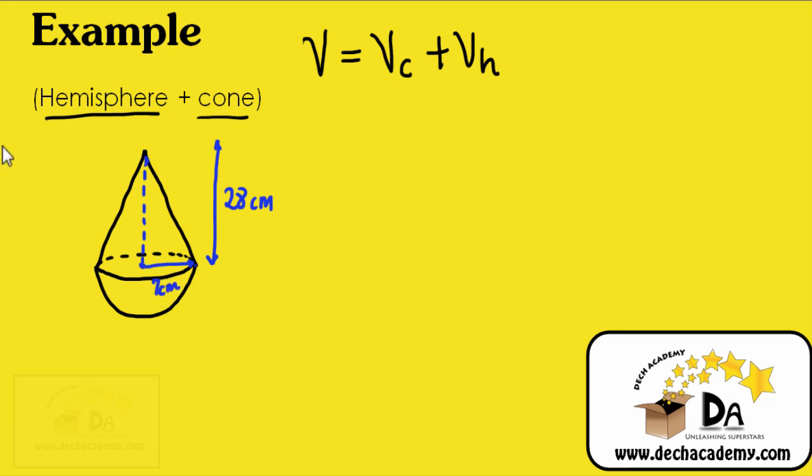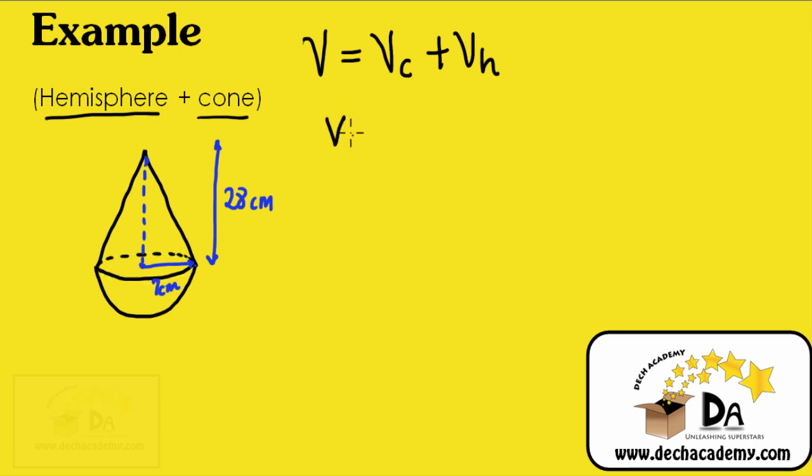We can determine the total volume of the compound shape. I just need you to realize that the circular base of the cone coincides with the top surface of the hemisphere.